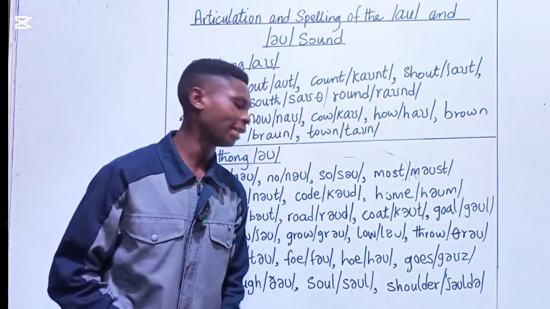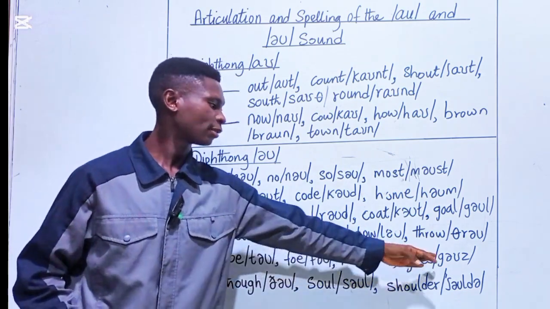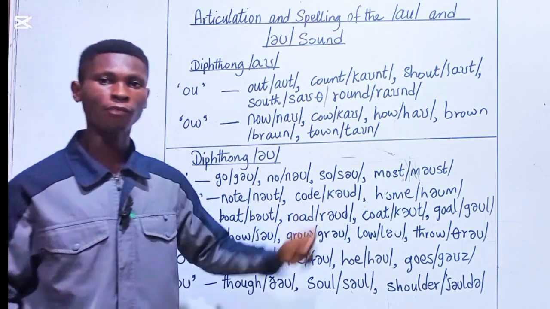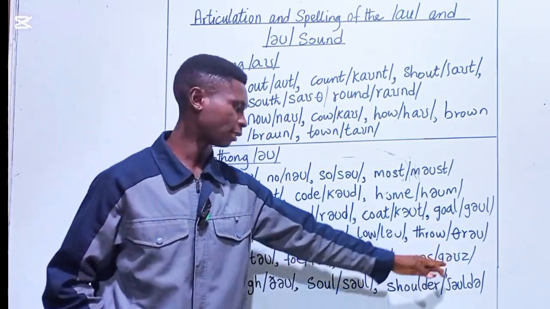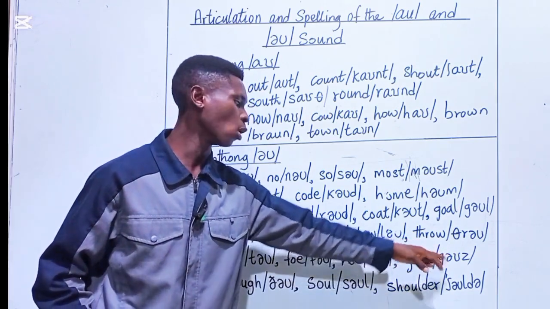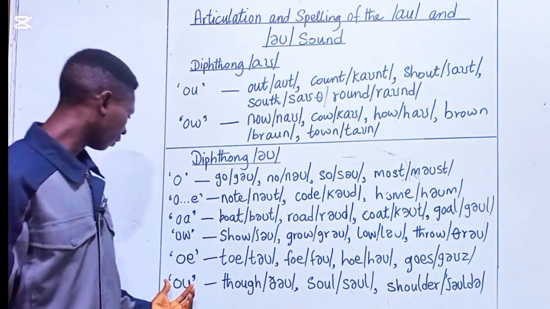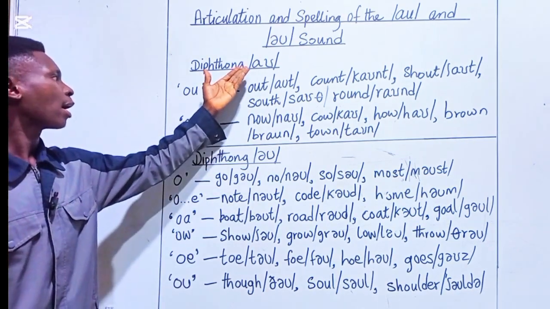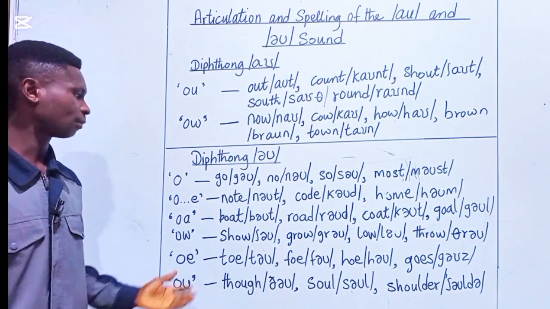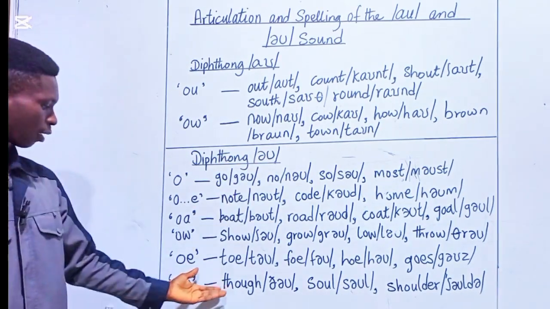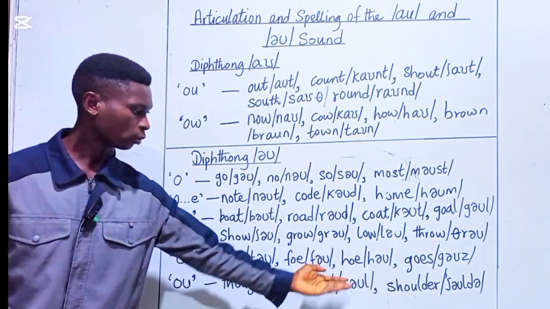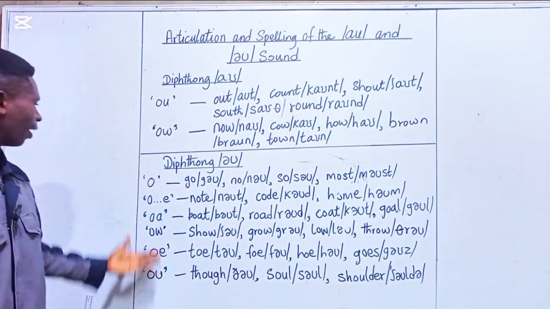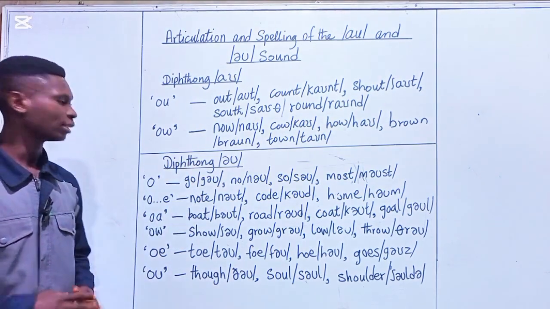Note the S that is added to goes is transcribed as /z/. That is the voiced alveolar fricative sound, not the voiceless. So it is not /gəʊs/, but /gəʊz/. Again, we have the grapheme OU as a spelling of the /əʊ/ sound, as in though, soul, shoulder. All these are the spellings of the /əʊ/ sound.